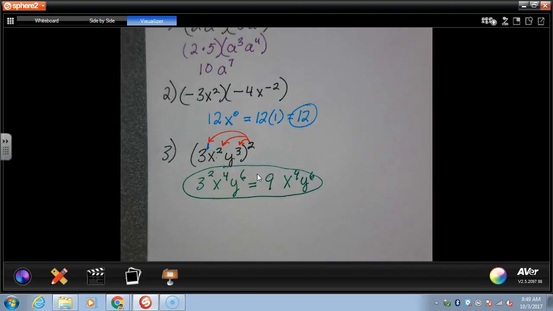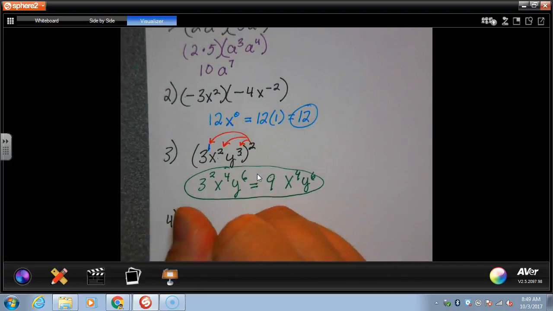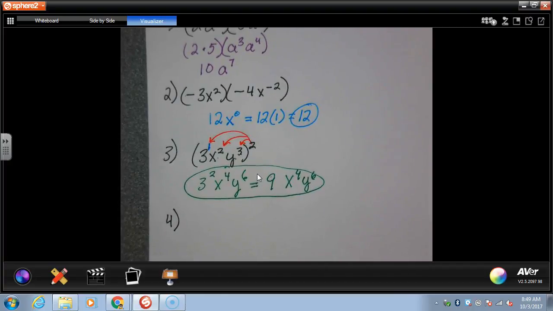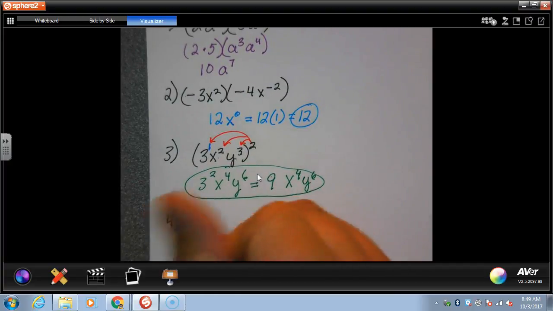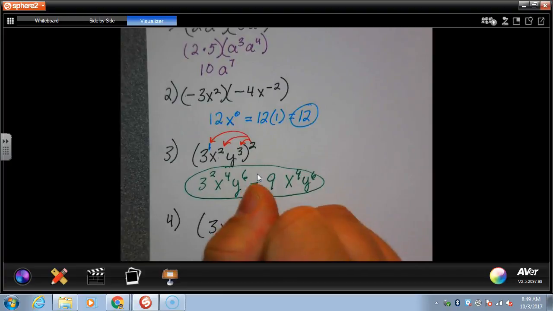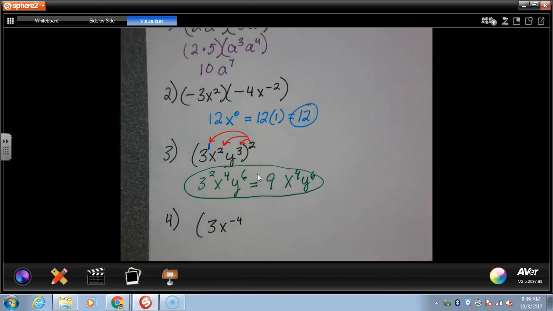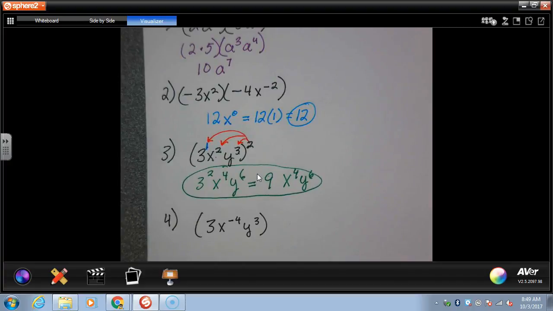Okay, number 4. I have 3 times x to the negative 4, y to the third, all raised to the second.